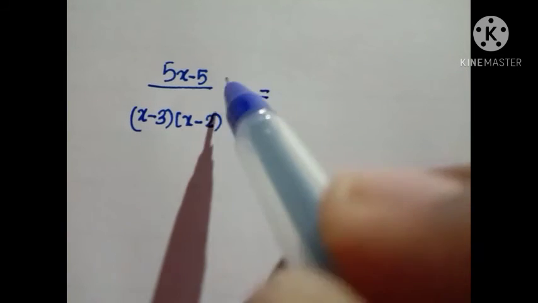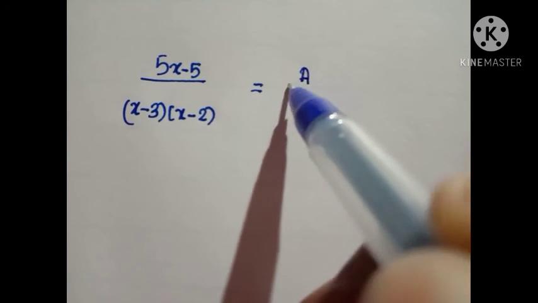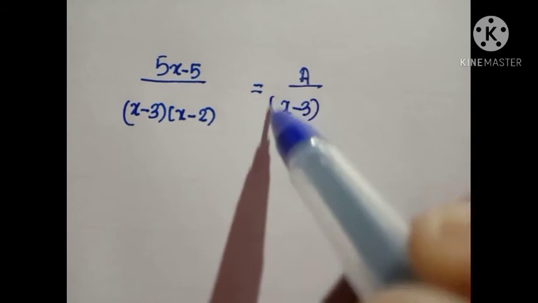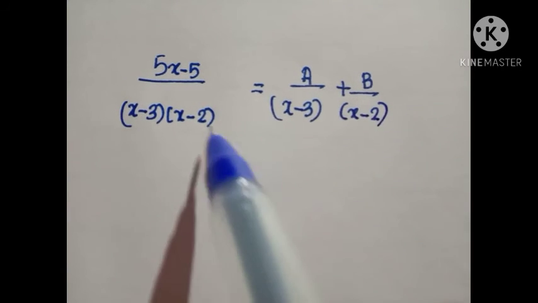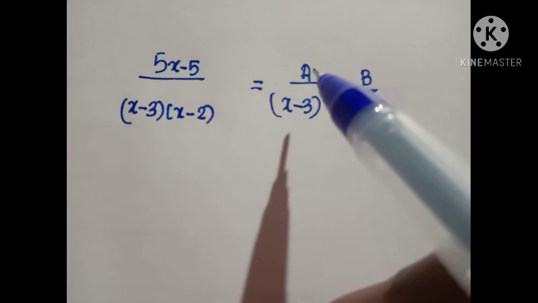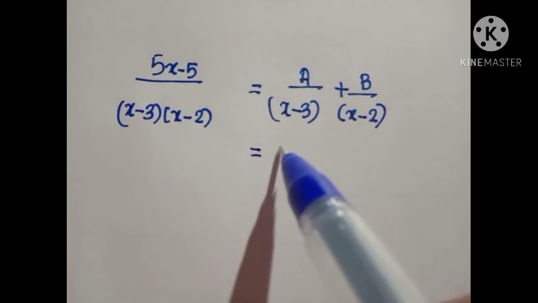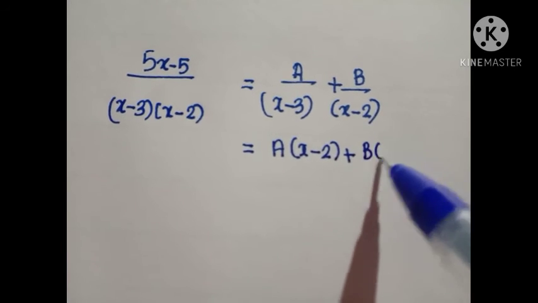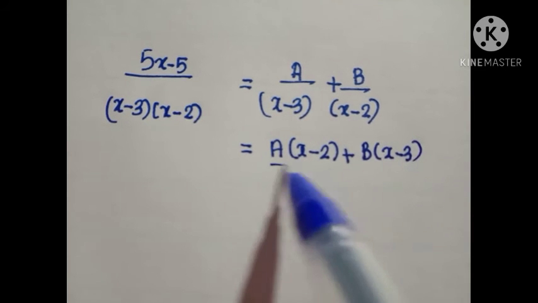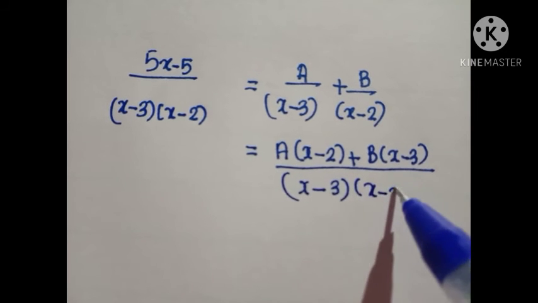This can be written as A/(x − 3) + B/(x − 2). Listen, here there are two linear factors, so we introduce two partial constants. Now take its cross multiplication: [A(x − 2) + B(x − 3)] divided by (x − 3)(x − 2).